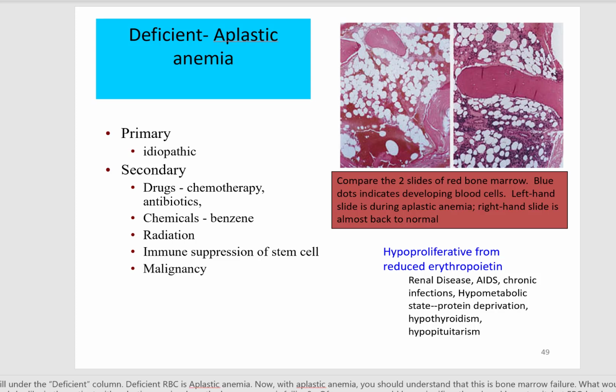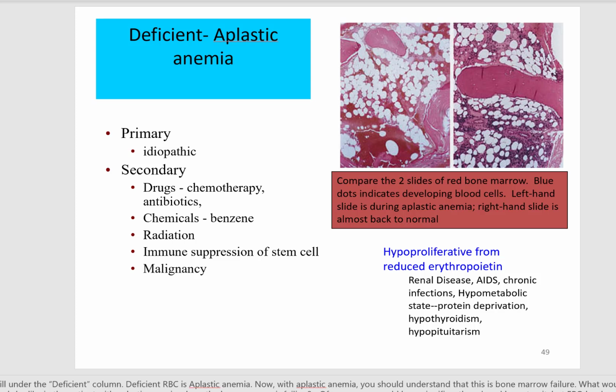When a person has an adverse reaction to a drug that most people do not have an adverse reaction to, we say this is an idiosyncratic reaction. An idiosyncratic reaction to antibiotics or chemotherapy would be a reason why a person could have aplastic anemia.